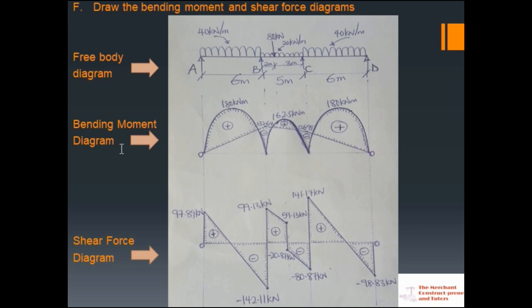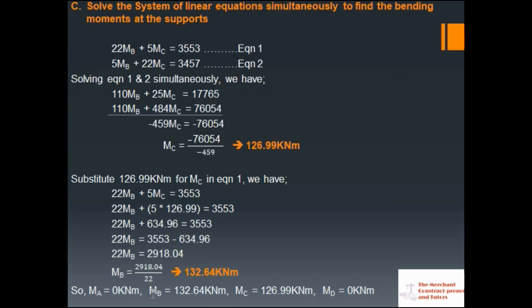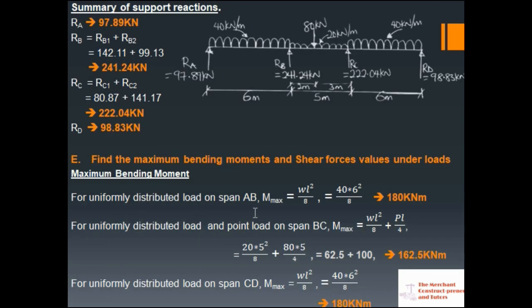So for that moment diagram, I told you we calculated the support moments, at point B and at point C. Then we also calculated the maximum bending moment based on the span. The maximum bending moment, these values, is what we use in calculating this.